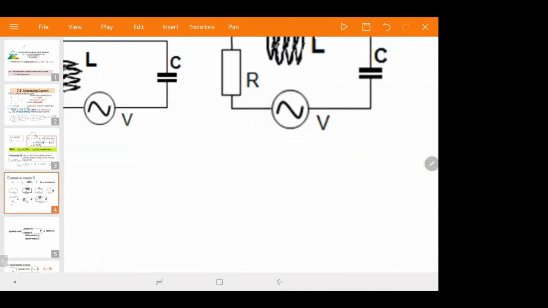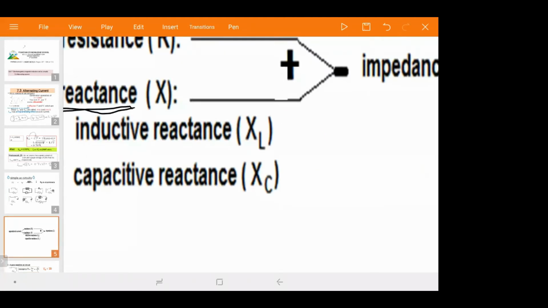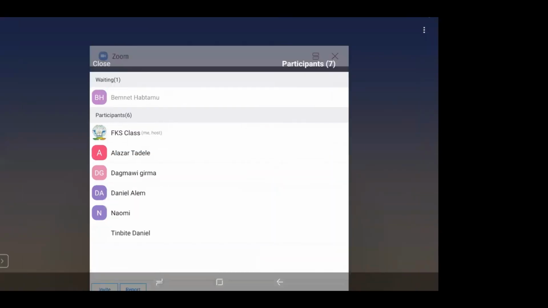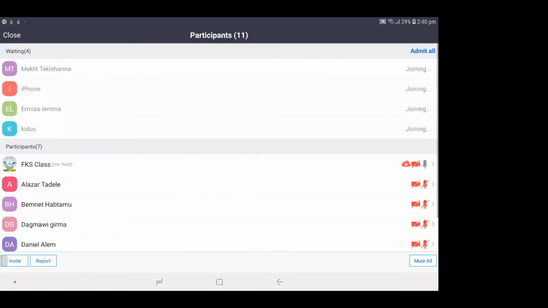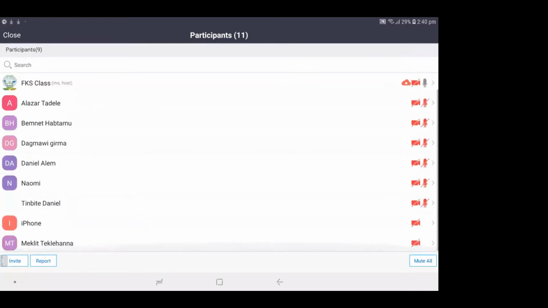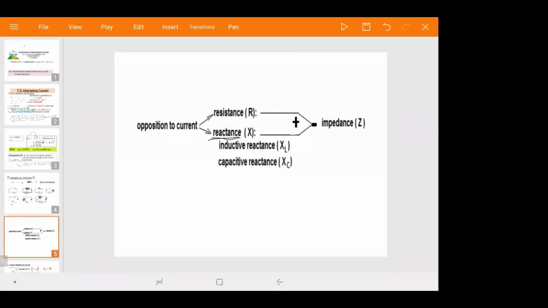So I think, as you see here, you expect a new name for the combination of resistance and reactance.